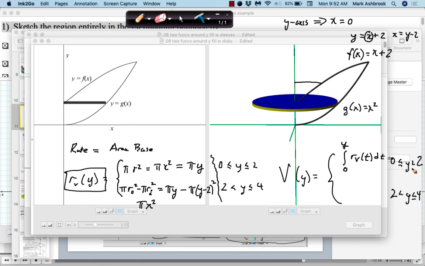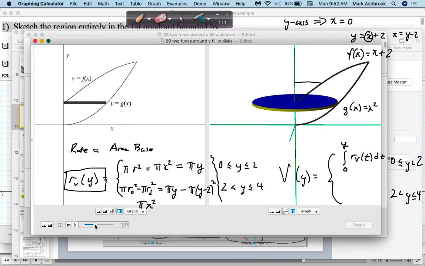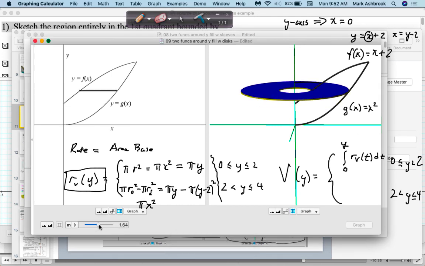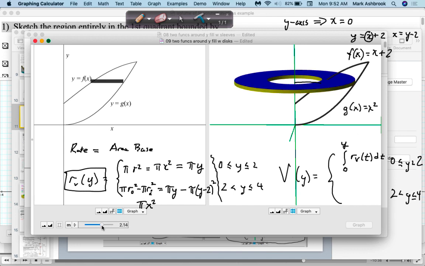Because when y is between 0 and 2, it's going to give us the right part of the rate function. And then I want to continue having this be an accumulation function from y equals 0. So when I'm accumulating these washers, I still want to include all the volume I got before, right? I'm accumulating still from y equals 0. We want an accumulation function all the way up.